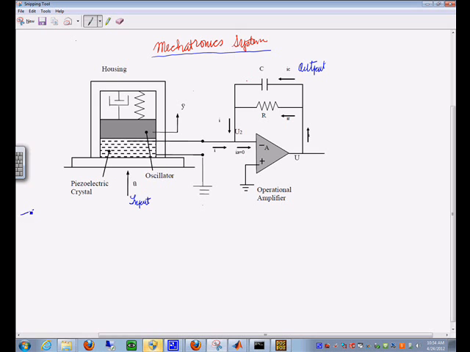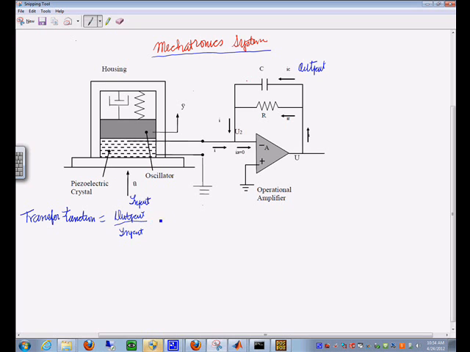You could say transfer function. What is this? This is a relationship between the output and the input. So this is the output over the input.